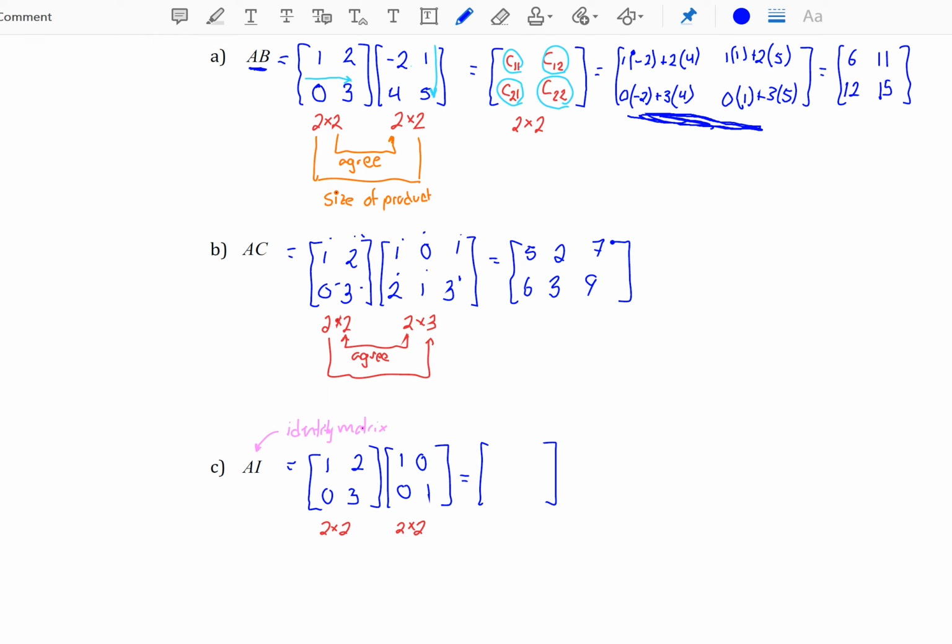It should have entries: 1 times 1 is 1, plus 2 times 0, so just 1. Your next value would be 1 times 0 is 0, plus 2 times 1, should be a 2.